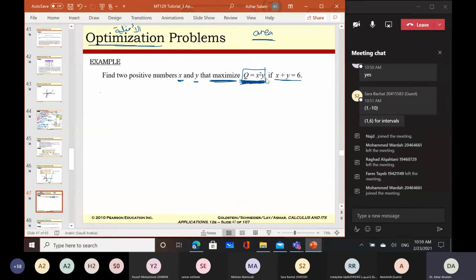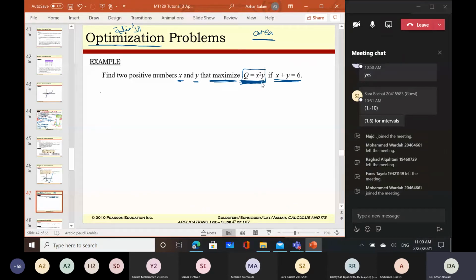I have here two variables. عندي هنا متغيرين أو مجهولين x تربيع مضروبة في الواي. And I have here an equation with x and y, x plus y equals 6. But this is my function. To find the maximum or minimum values, as we said before, we use the first derivative.